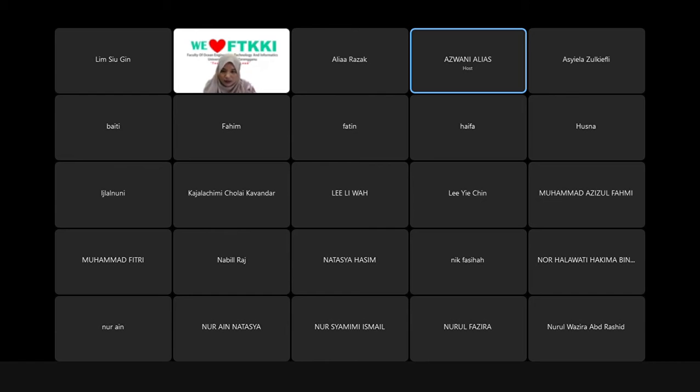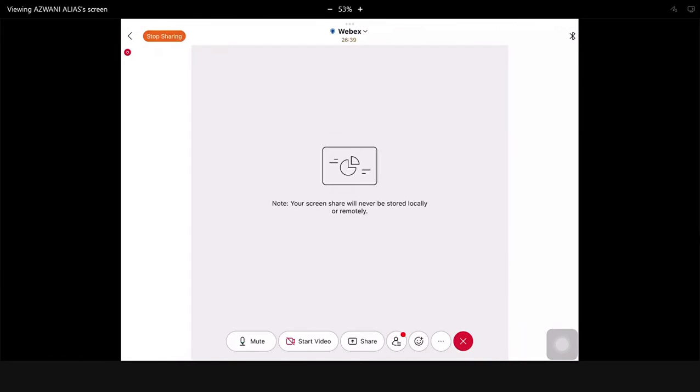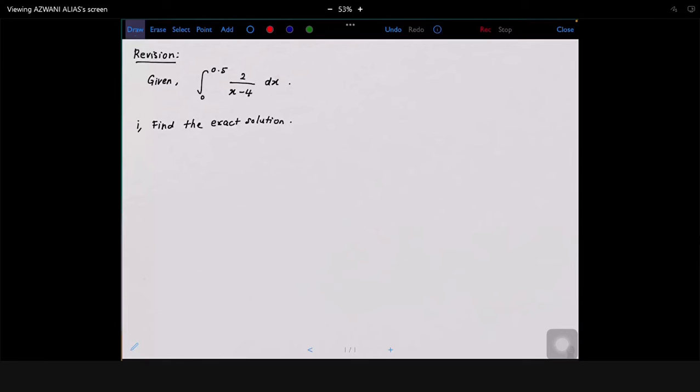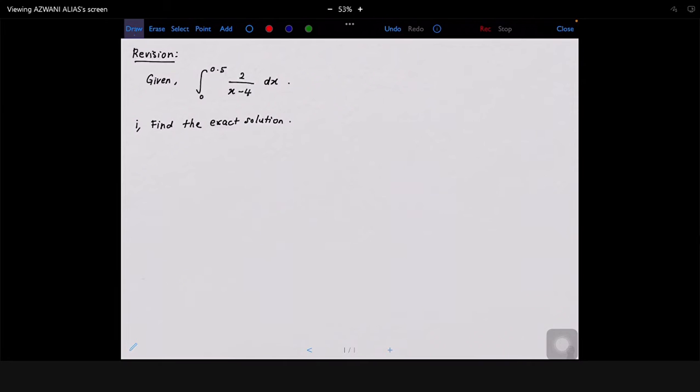Okay, so given the integration here, for the function 2 divided by x minus 4, integrate from 0 to 0.5, with respect to x. Okay, so kat sini jom kita cari the exact solution. It means that by the direct calculation by calculus lah. Okay, so, ingat tak macam mana cari ni?